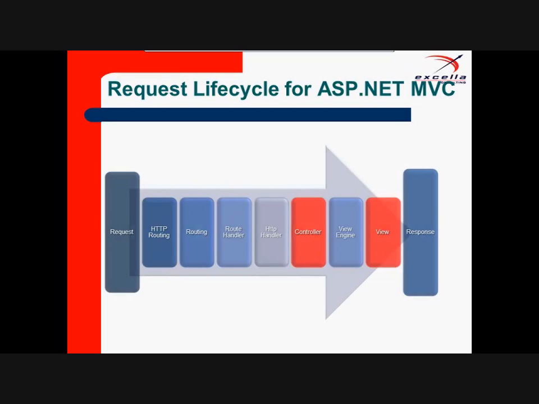That result could be a view, which is usually HTML, but could also be content, could be a file, so binary content, could also be an XML file, could be JSON, like we just saw in the small demo. So we're going to want to plug in to different extensibility points all across this different pipeline.